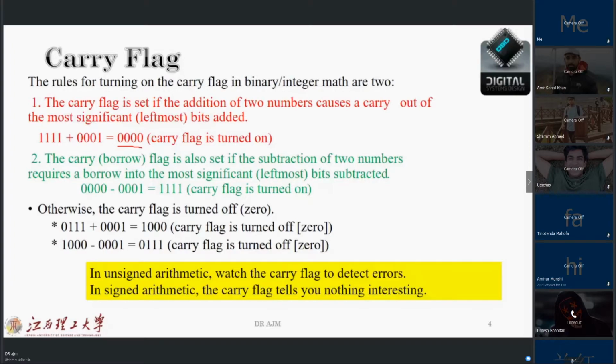On the other side, the carry flag, which we call borrow in the subtraction part, is also set if the subtraction of two numbers requires a borrow into the most significant or leftmost bit, which will be subtracted. You can see in the example below that I show you.